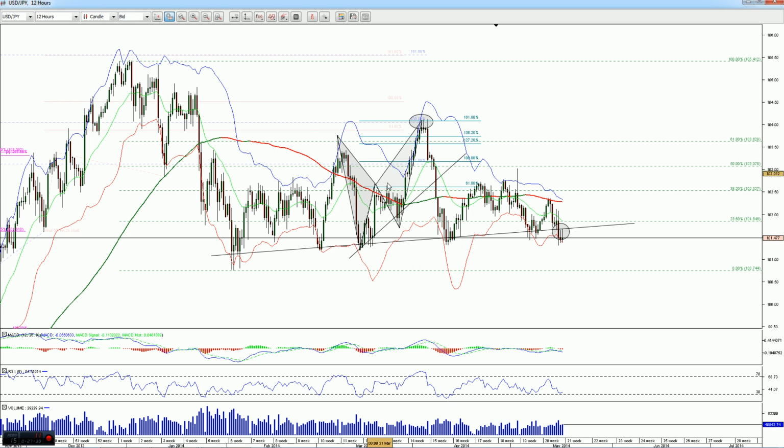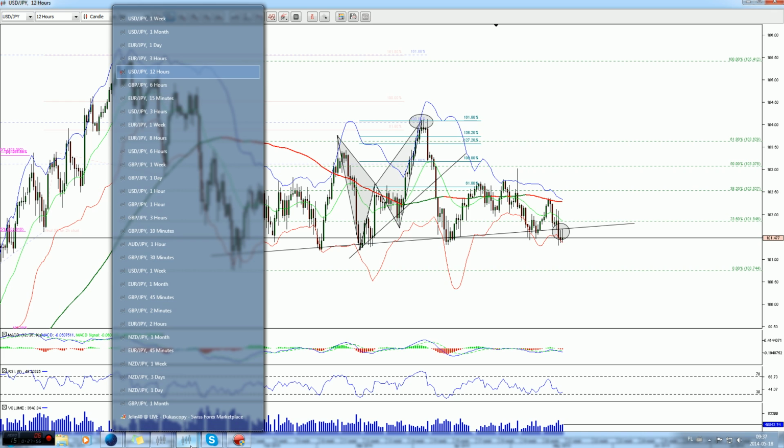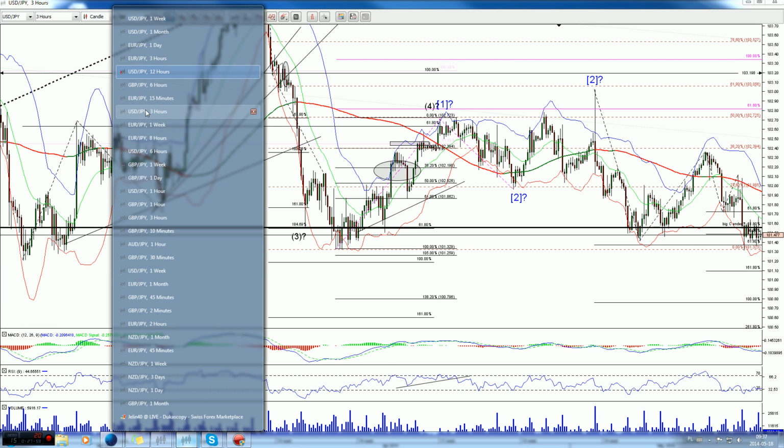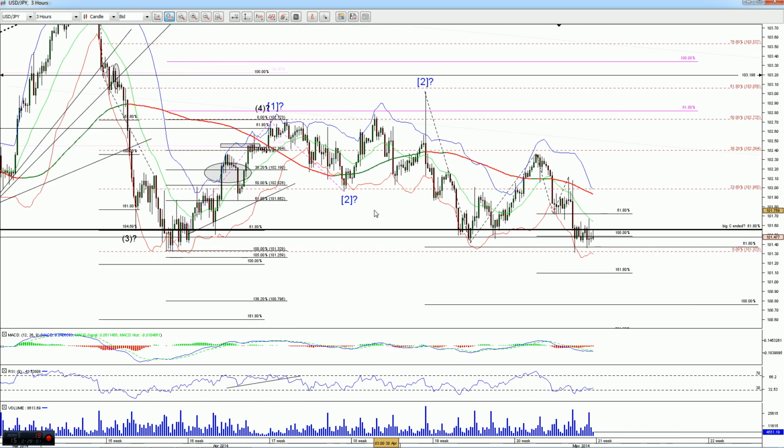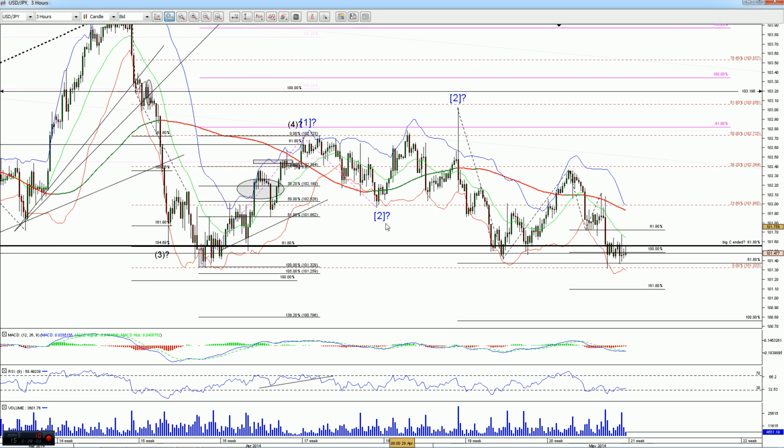Pretty much, this was a B wave, a complicated B wave, and then A, B, and C started to the downside. I think the C wave started here, at this high, and started developing nicely to the downside. So it is not easy, to be honest. I wasn't that sure about those counts here, so that is the reason I've left it.